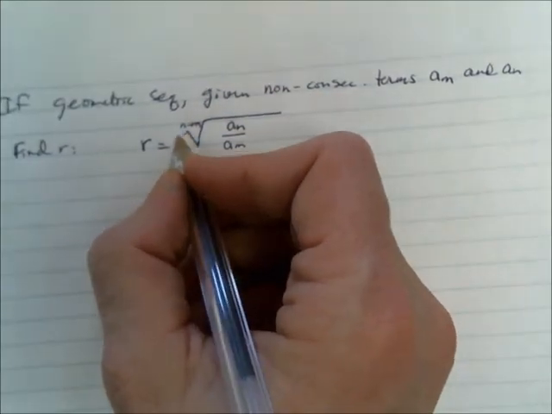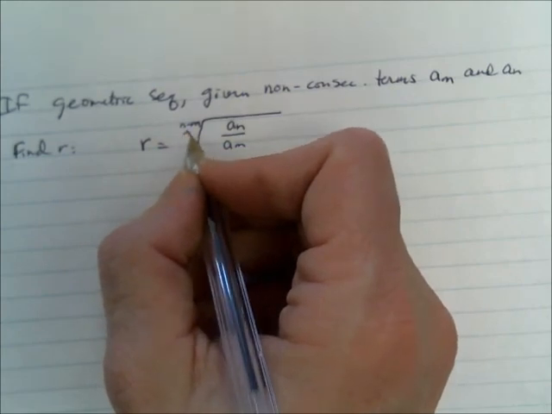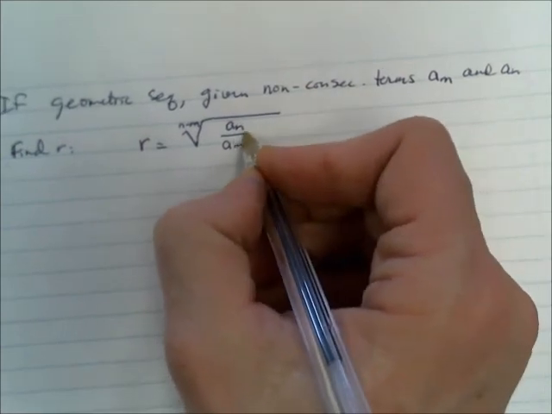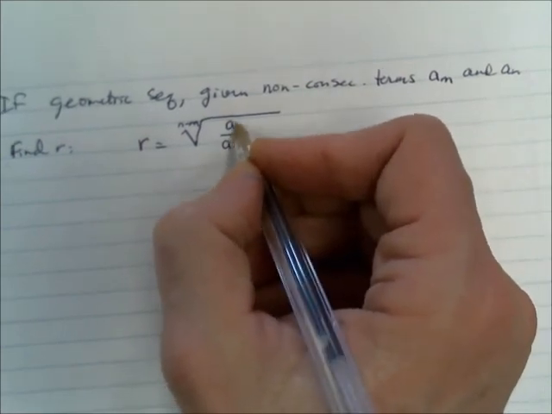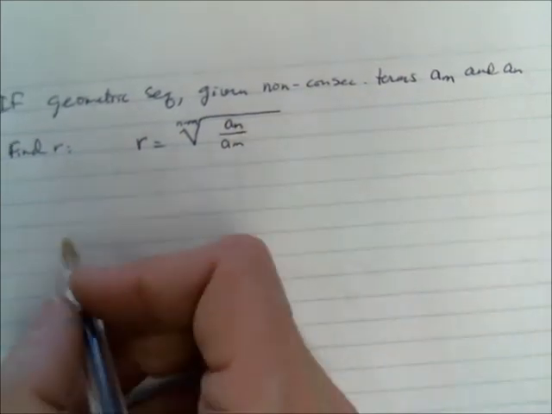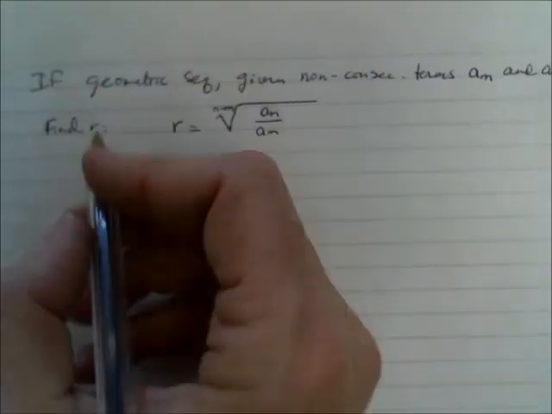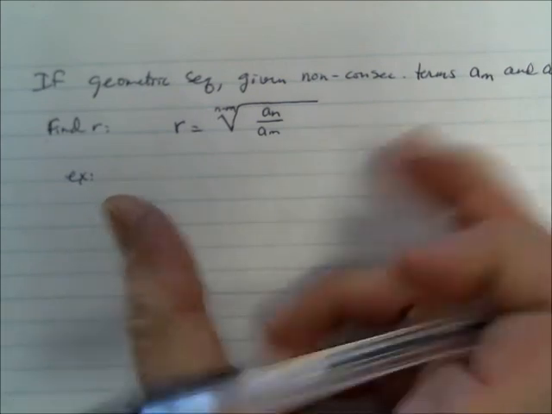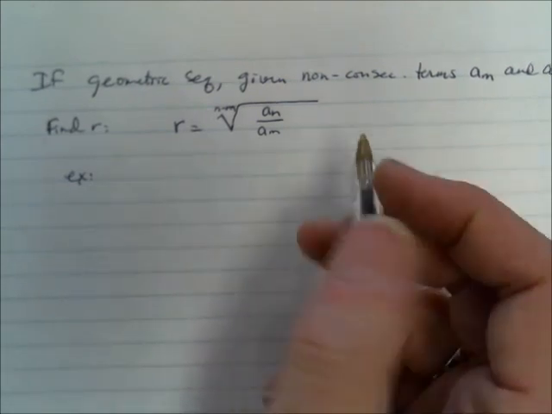So you're going to get the cubed root or the fourth root or the fifth root, depending on how far apart those terms are, of the quotient of the two terms that you're given. And that looks very complicated, but it's not real bad because I wouldn't give you anything where the terms are too far apart.